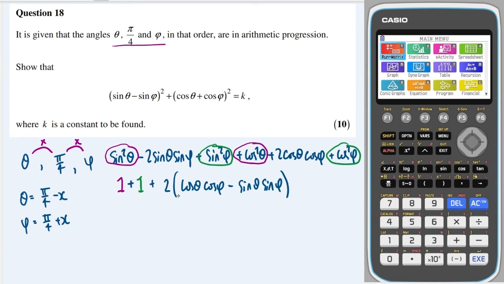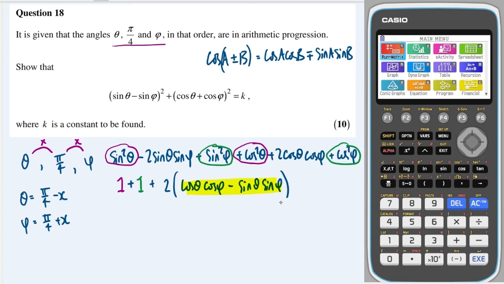Now hopefully we can spot that this is a compound angle. It's the cosine, because we know that cosine of A plus minus B is equal to cosine A cosine B minus plus sine A sine B.